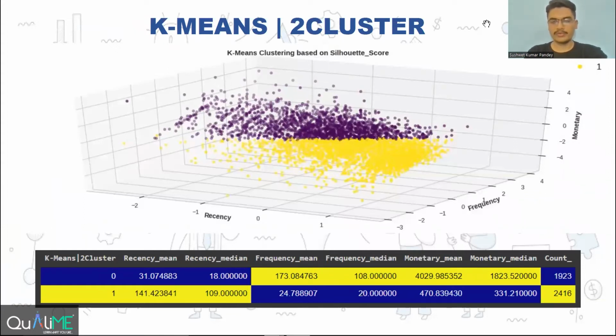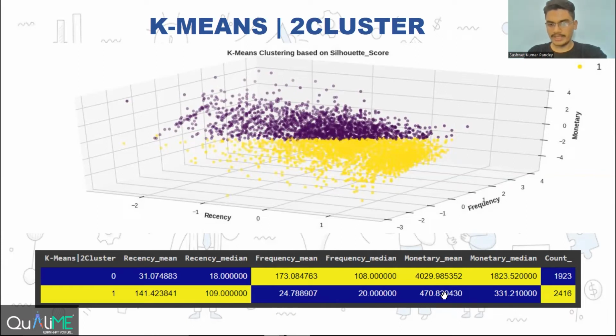First of all, if we make 2 clusters with k-means clustering, these are the results which we got. This is the visualization of the clusters. So group number 0, these are the best customers because they visited recently, they spent a lot of money, they bought so many number of times. Group number 1 are the worst customers because they visited long back.